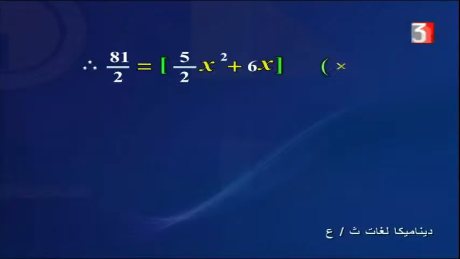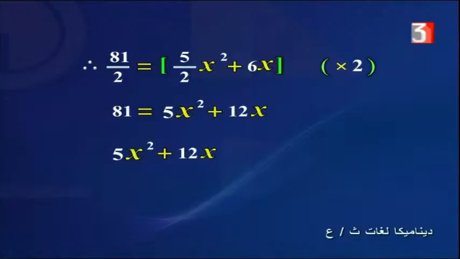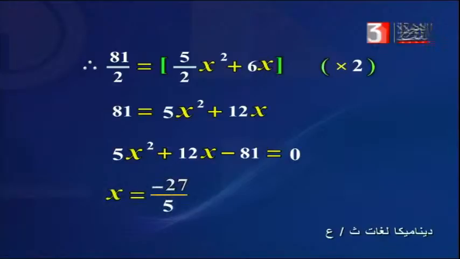Multiply both sides by 2, then 81 equals 5x power 2 plus 12x. This trinomial equals 0: 5x power 2 plus 12x minus 81 equals 0. Then the two values of x are negative 27 over 5 or x equals 3, which is the displacement of the body when the velocity equals 9 meter per second.